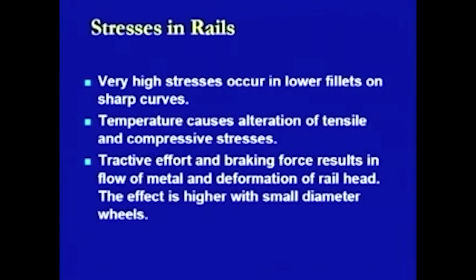And when this tractive effort is working in the backward direction, the horizontal component of that force will also act longitudinally in the backward direction. This is the reason why there is a movement taking place in the rail, and stresses are induced because of this tractive effort.